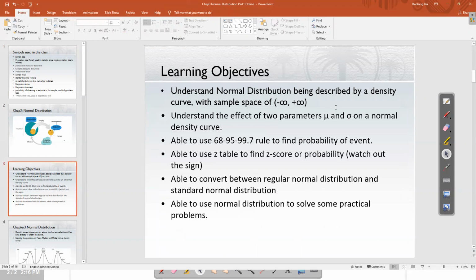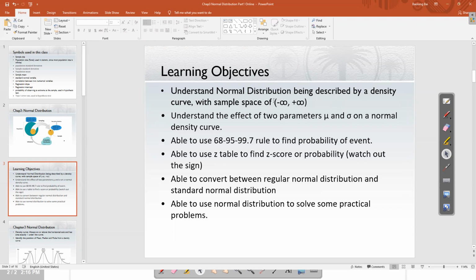Learning objectives. So understand the normal distribution is described with the density curve because normal distribution is continuous. All continuous distributions are described using density curve. We talk about density curve in chapter 10, right? We use uniform distribution with a density curve, a flat line on top of x-axis, right? Okay.